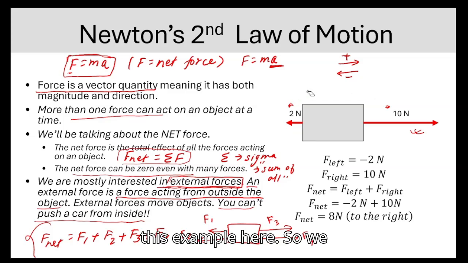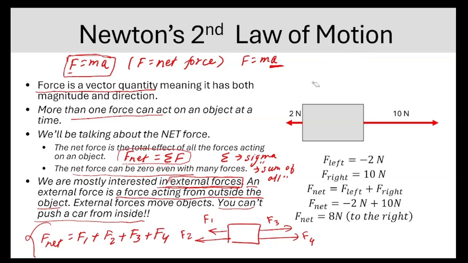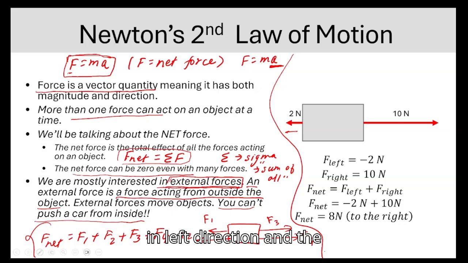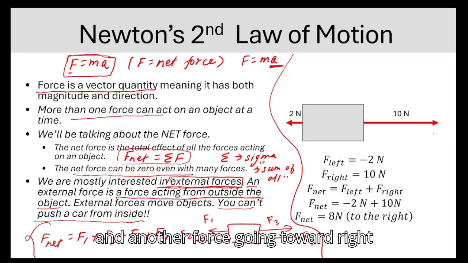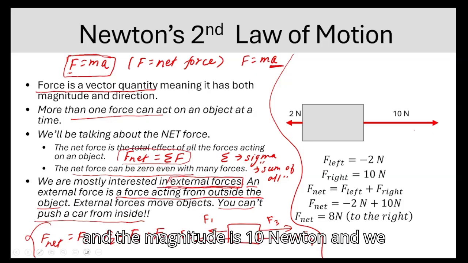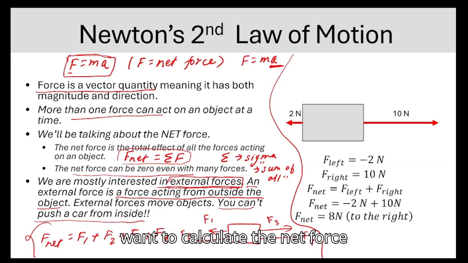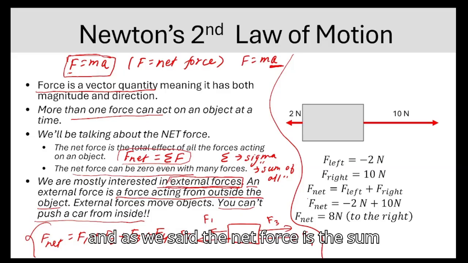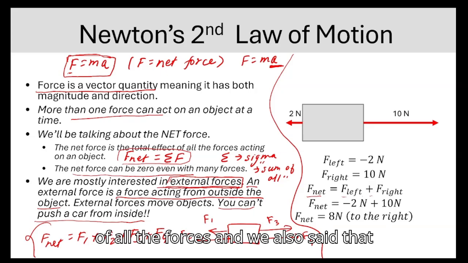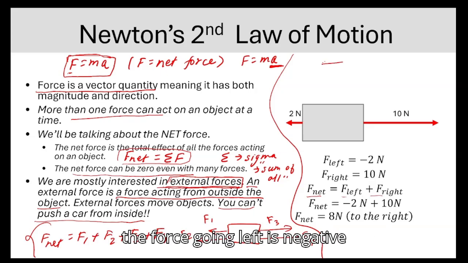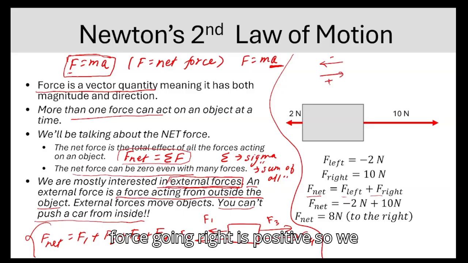Now let's look at this example here. We have one force going in the left direction with a magnitude of 2 Newton, and another force going toward the right with a magnitude of 10 Newton, and we want to calculate the net force. As we said, the net force is the sum of all the forces, and force going left is negative, force going right is positive.